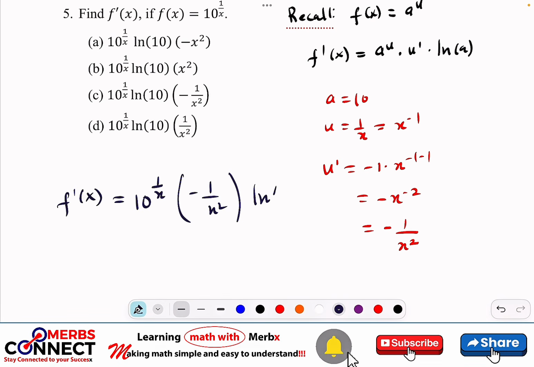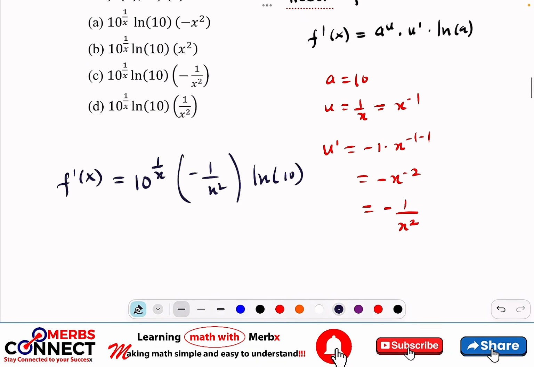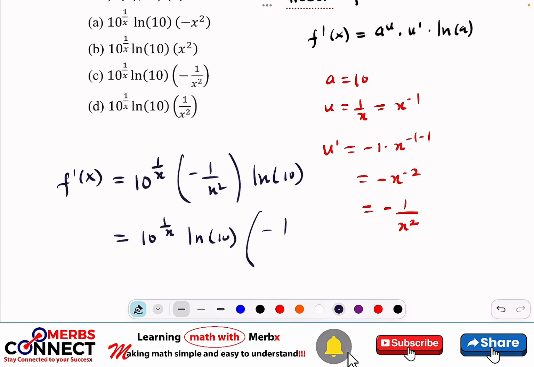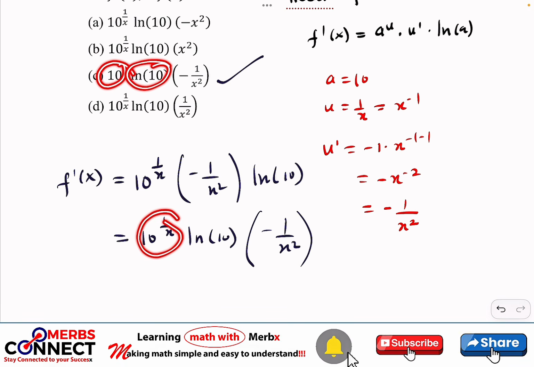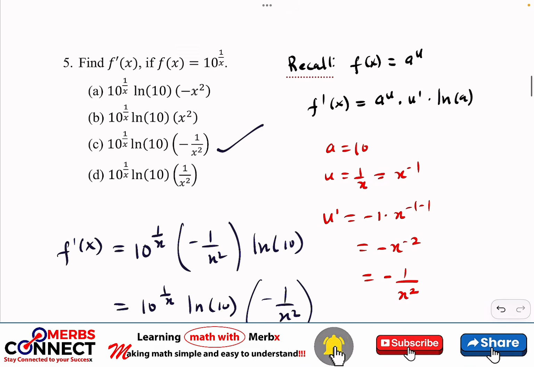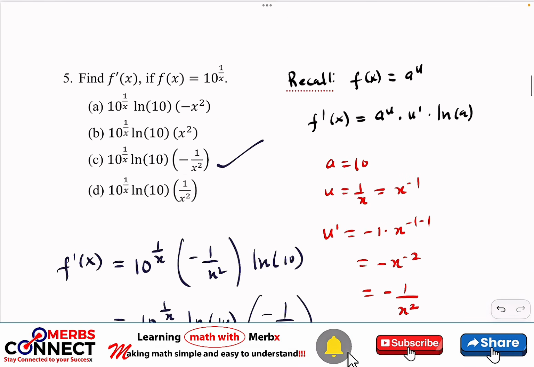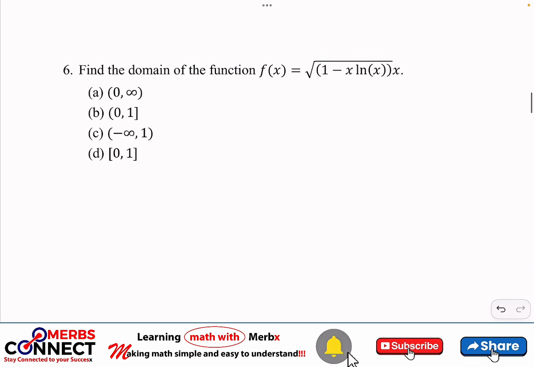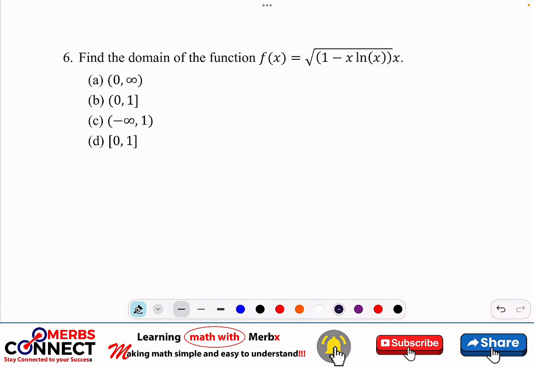I think they rearranged this one so the ln of 10 came first before having this one here. So you can see that I think it is C, right? We have this one here, this one here, and this one here. Yeah, so if you record this, I think you are good to go. Very simple, right? We have 15 more to go, so stay tuned and stay here.